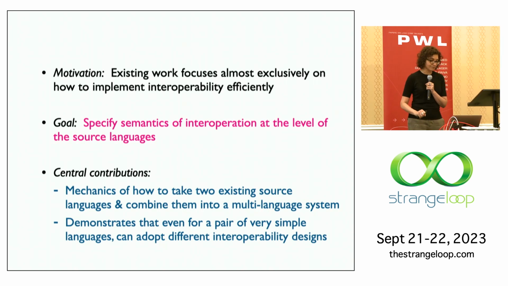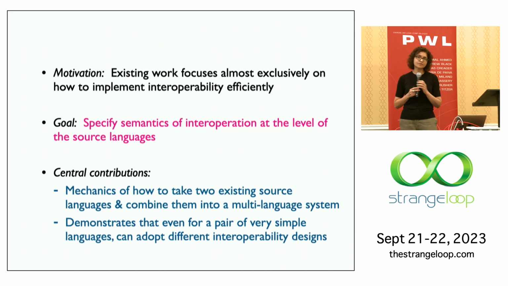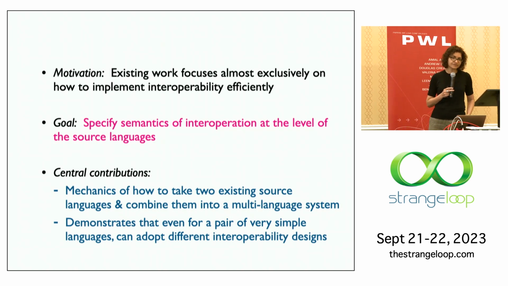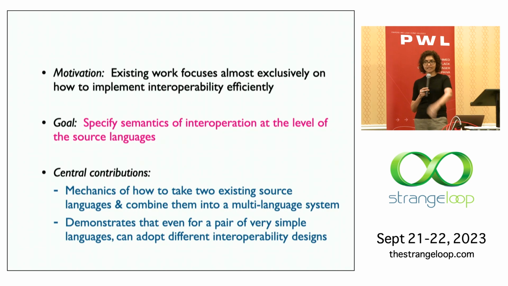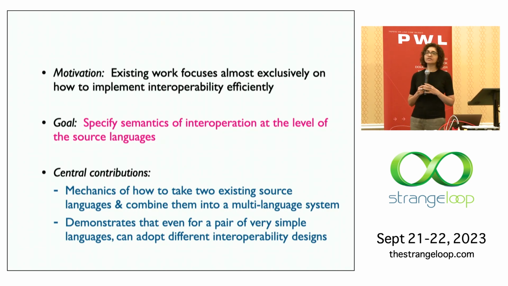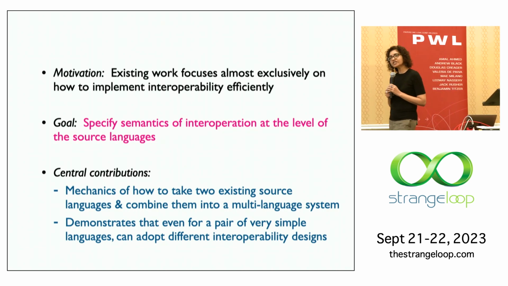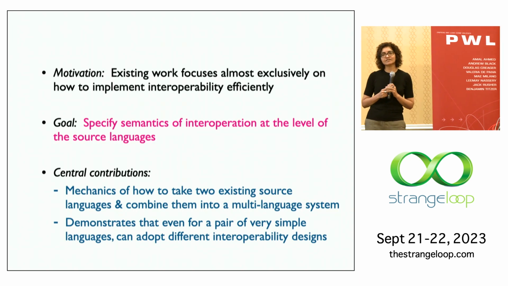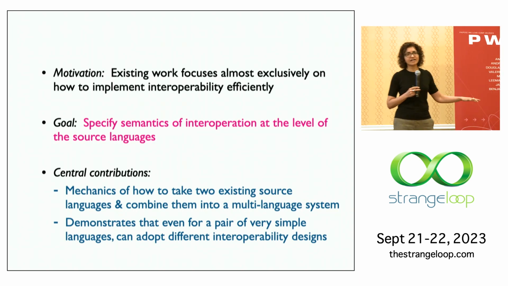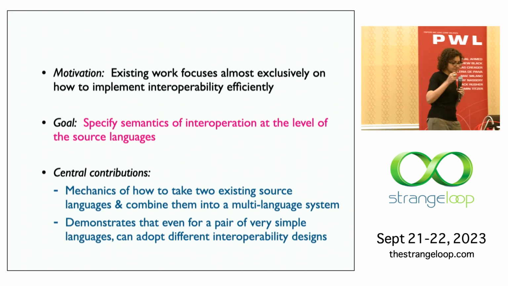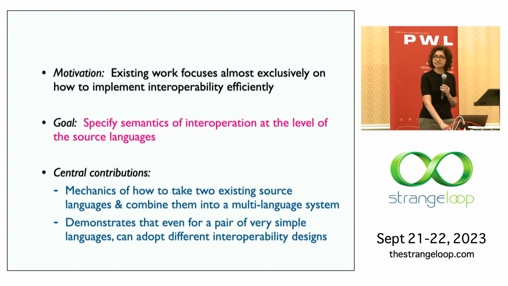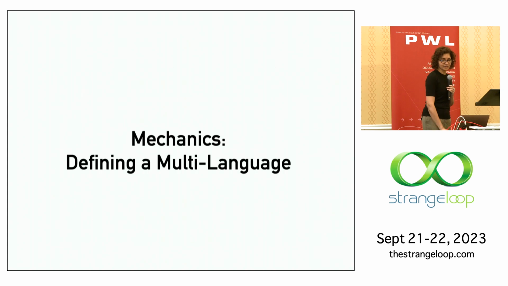That's why I love this paper. And it demonstrates, even in this very small paper, that even for a pair of very simple languages, I'll show you the languages in just a second, you can make very different interoperability design decisions. There's such a vast space. And some of it looks like existing languages, some of it doesn't. There really is a spectrum. So we'll talk about some of that as we go on.